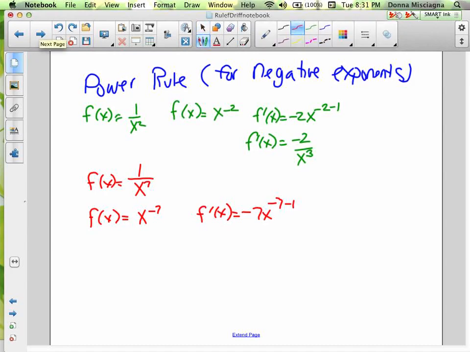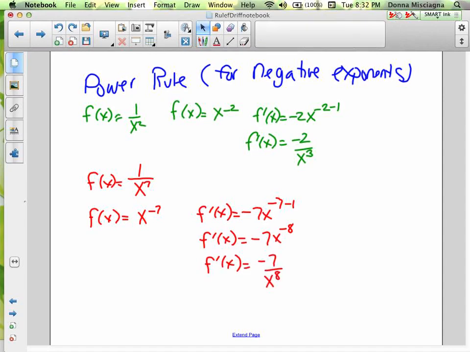So now we could rewrite that as f prime of x equals negative 7 times x to the negative 8, and of course we'll simplify that. So f prime of x equals negative 7 divided by x to the 8th. All right, so there's our power rule for negative exponents.